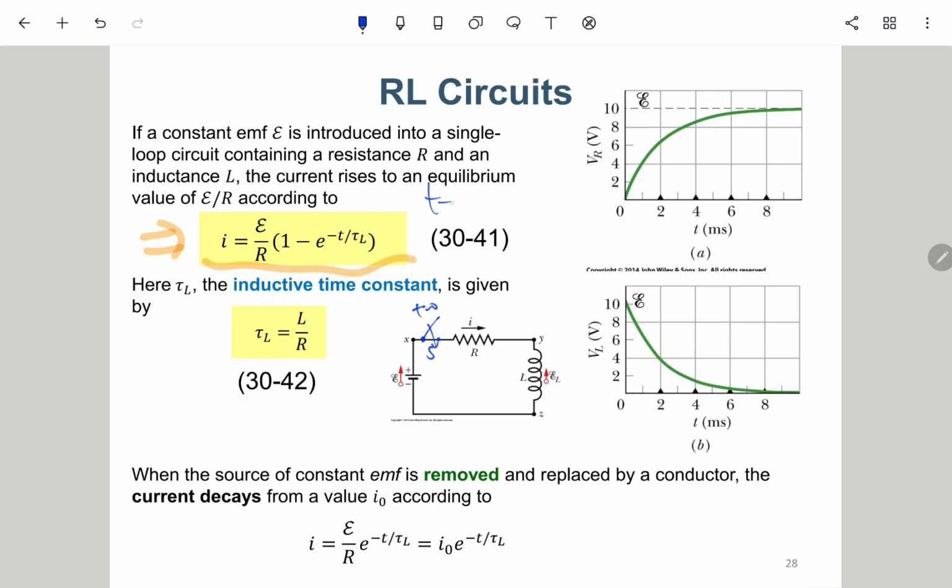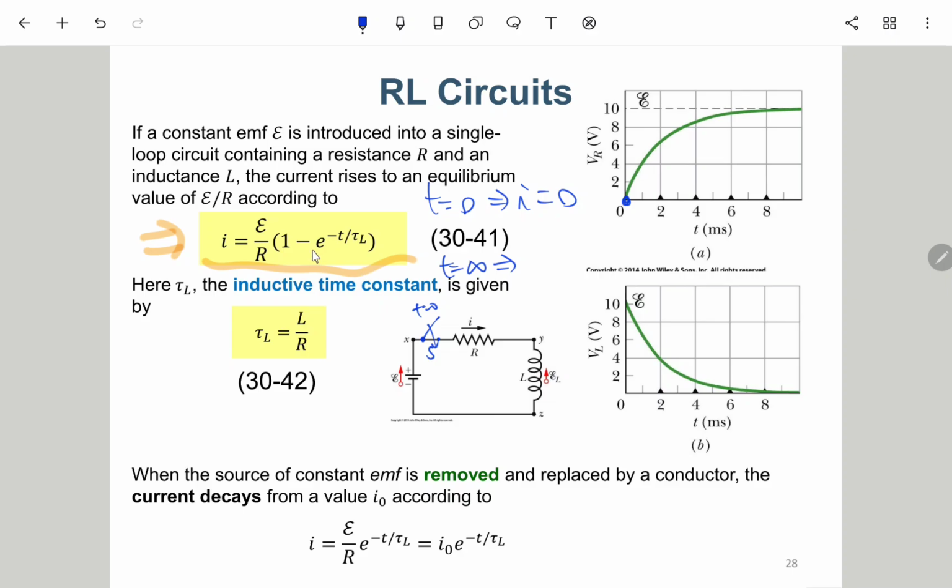So for t equals 0, exponential to 0 is 1. So 1 minus 1 is 0. So it turns out that I will be 0, which is this point. And then another point will be t equals infinity, infinitely far away from now.